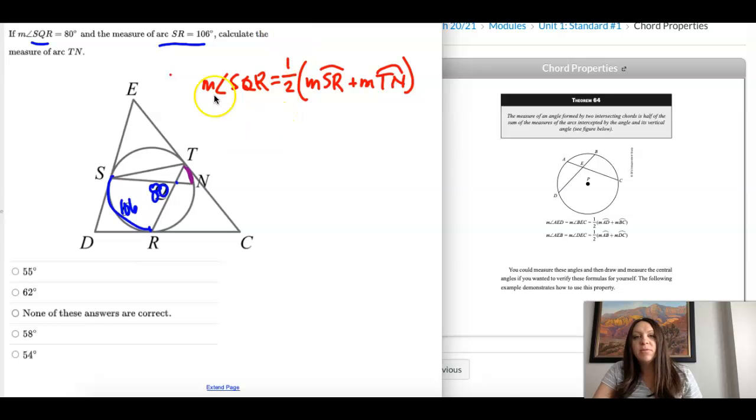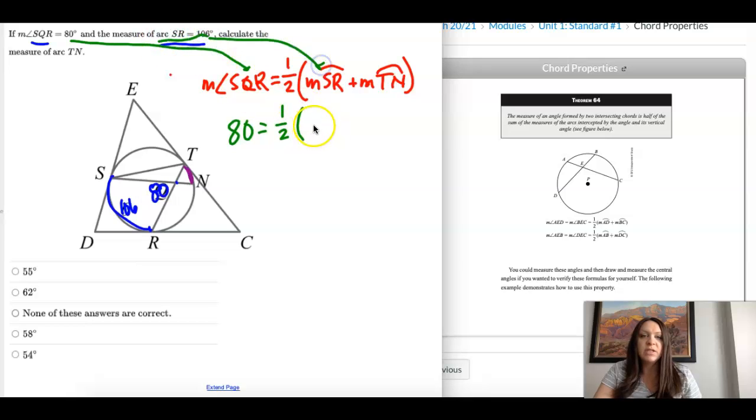Okay, so now we need to label what we know. We know that the measure of this is 80. And we know the arc of SR is 106. And we're trying to figure out the measure of arc TN. So this is now an equation that we're trying to solve.